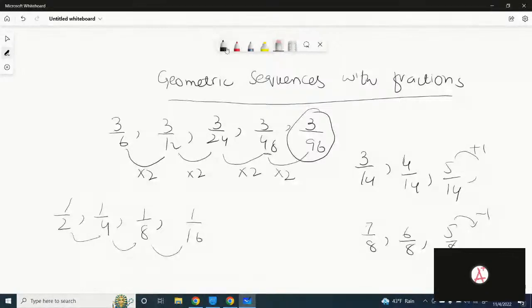So they are geometric sequences. For the next one, the numerator is exactly the same. Just multiply 16 times 2, which is 32. So the next term in the sequence is 1 over 32.